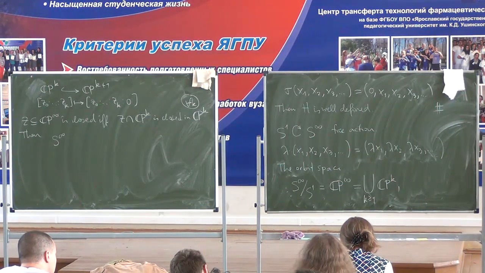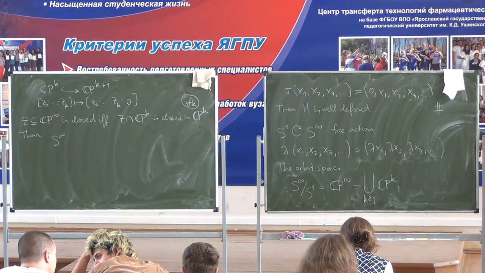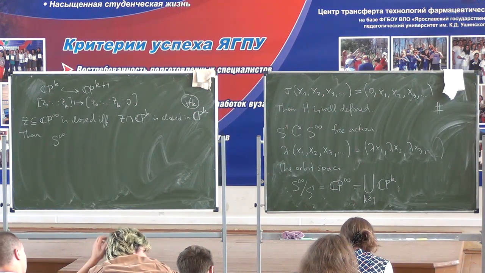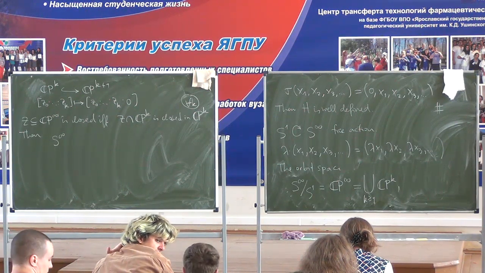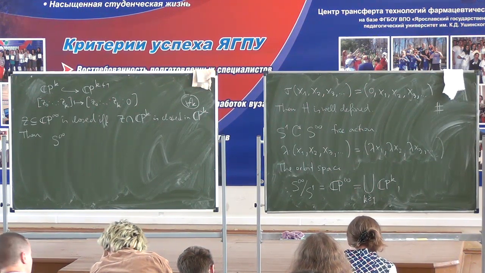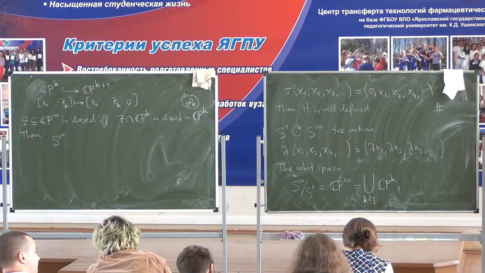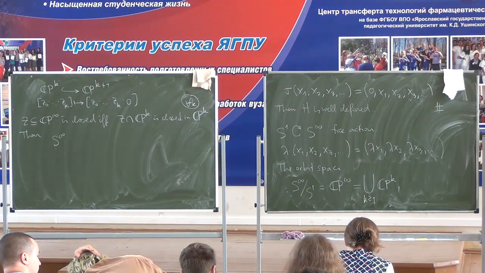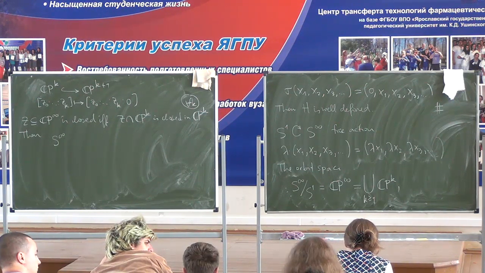Well, I left it as an exercise. It's very easy. Given x, you consider the rightmost coordinate which is non-zero. Of course, there is the danger that this is non-zero only when t is different from 0 or 1.